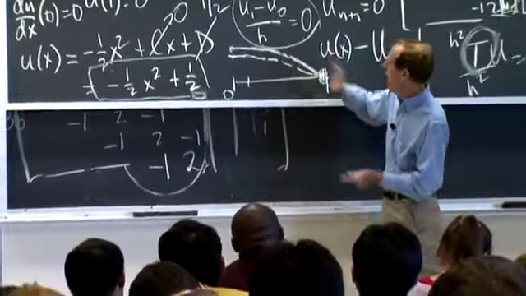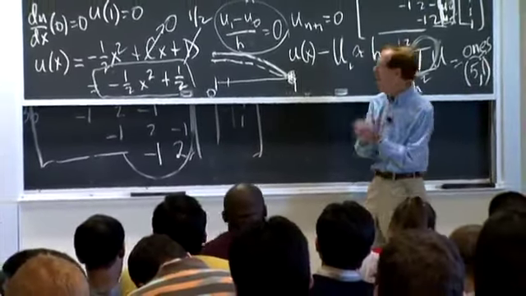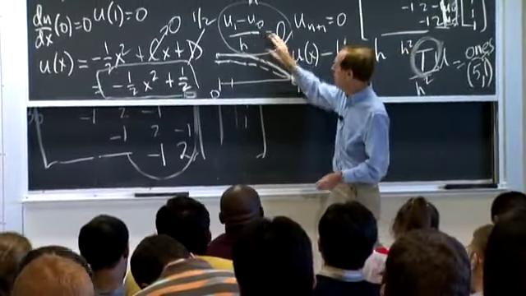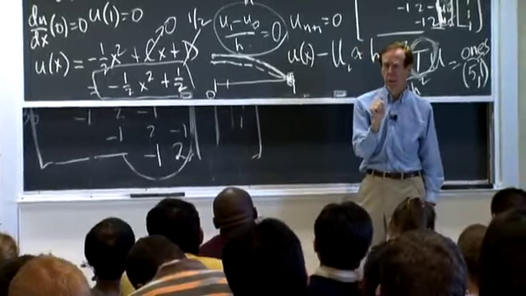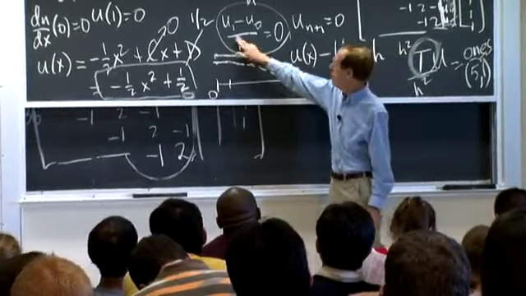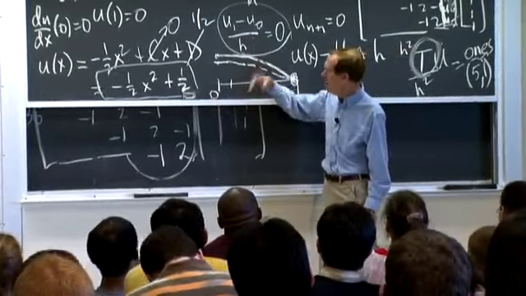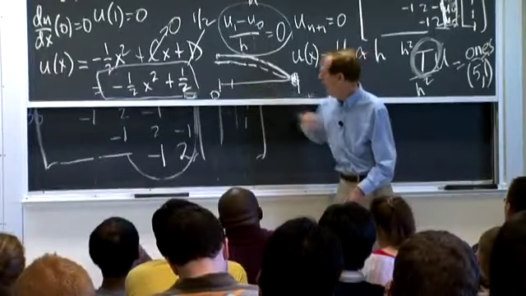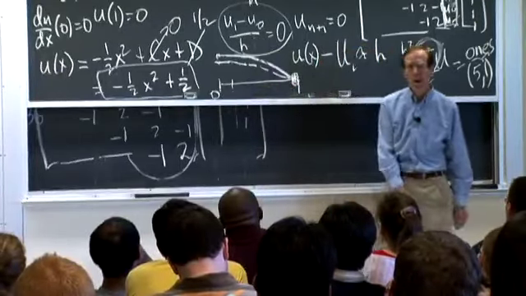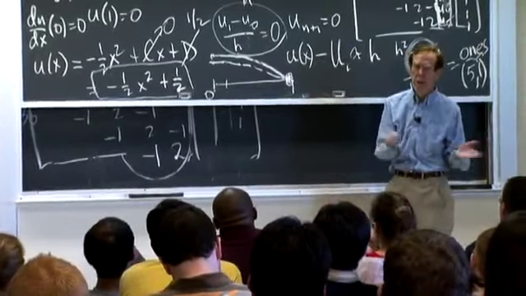You could say, here, a couple of ways we could go. This is a correct second order approximation at what mesh point? That is a correct second order approximation to u prime equals 0, but not at that point. Where? Halfway between.